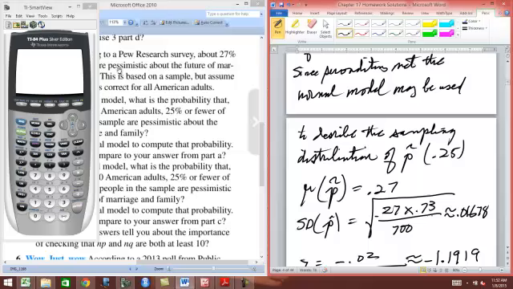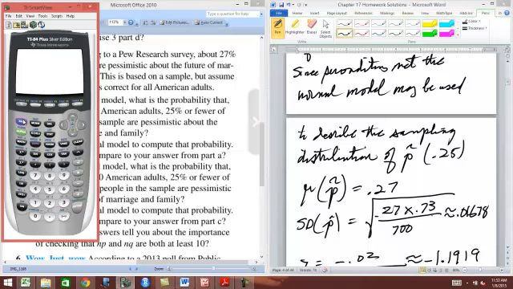So let's start with that. Second, square root, 0.27 times 0.73 divided by 700. And so there's my standard deviation, approximately 0.01678.